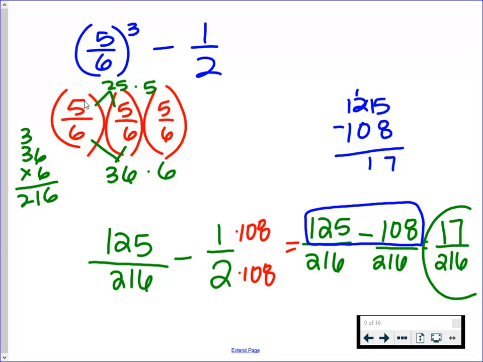Again, notice I didn't have a lot of extra space. I had to use a lot of writing and thinking.